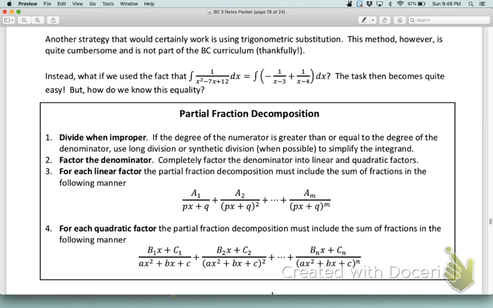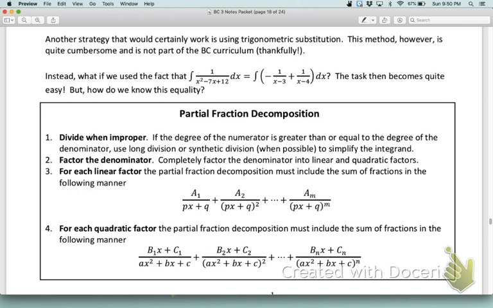If those factors are squared, or I should say any power bigger than 1, let's say that I had a factor of x plus 1 to the third, I would need a fraction that had x plus 1, plus another fraction that had x plus 1 squared, plus another fraction that had x plus 1 cubed in the denominator. Then you're going to do similarly for each quadratic factor, but the numerators look different. Those are going to be bx plus c looking numerators. And that's something that we'll work on in our next lesson.